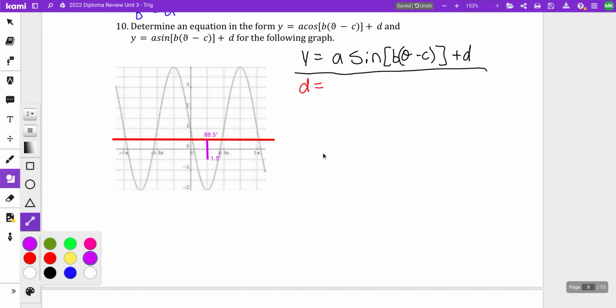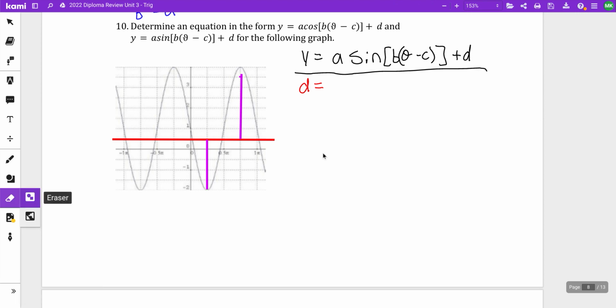That distance to the bottom and that distance to the top are not equal. So if you accidentally put the wrong midline, it should be obvious. I got that wrong, right? 0.5, that's 1, 2, 2.5, 1, 2. Yeah, it's way wrong. Try again.